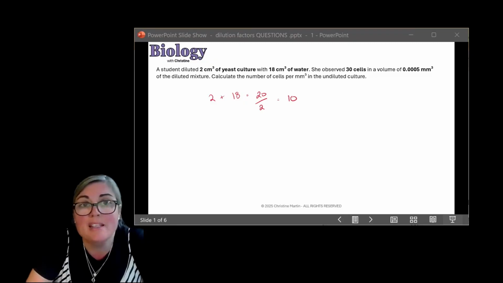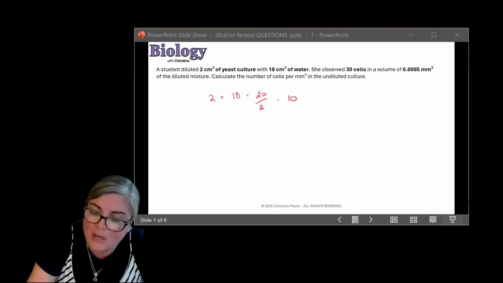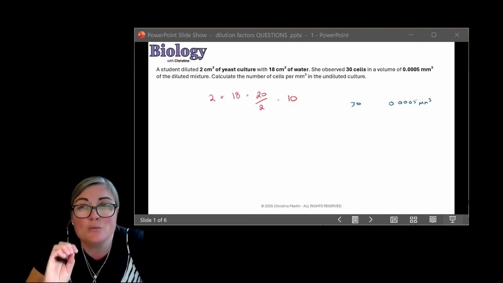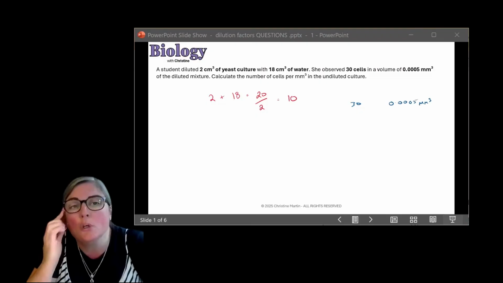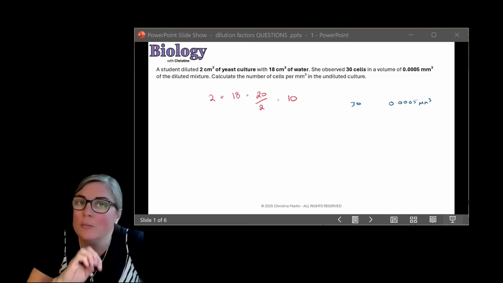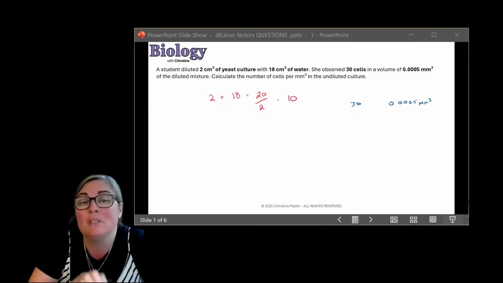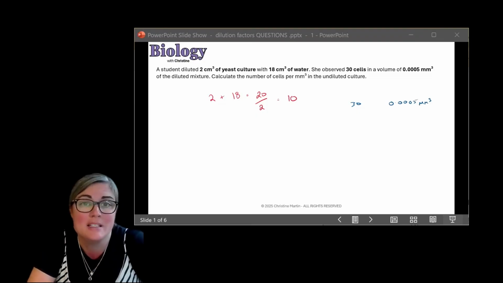Now what we need to do is go down and look at the number of cells. So we are told that we have got 30 cells in 0.0005 millimeters cubed. Now it is really important that you check the number of zeros you put into your calculator. You'll be surprised how many times a mistake is made in the exam by not double checking your numbers.